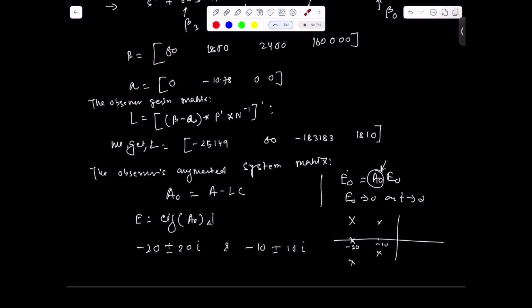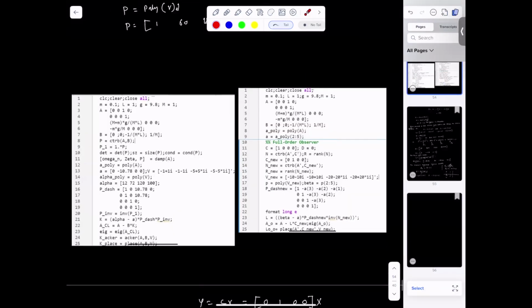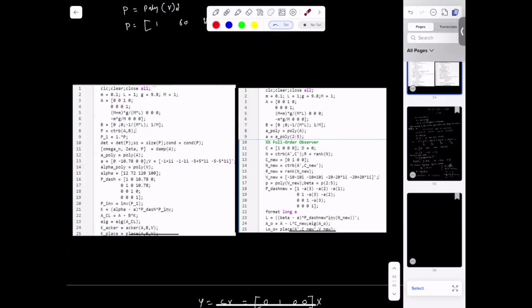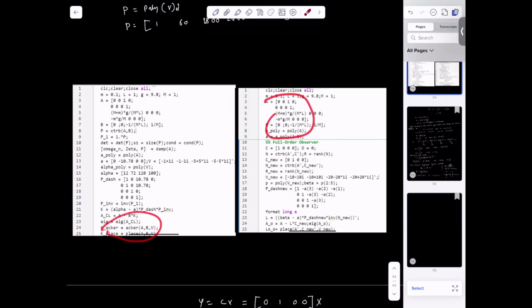Now we have prepared the code for this system. These are the codes we can use for this particular example. Here is the controller design part, and this is the part for observer design.